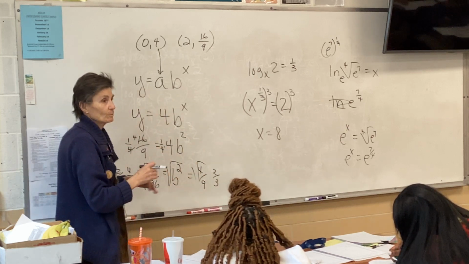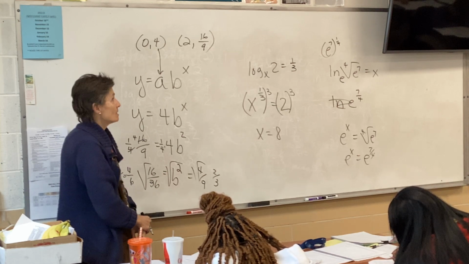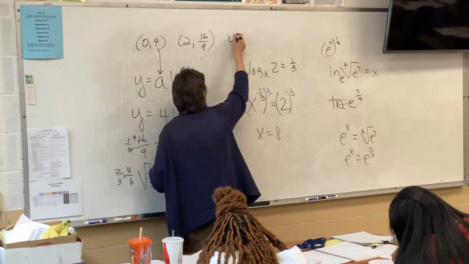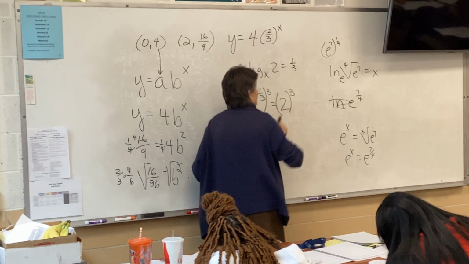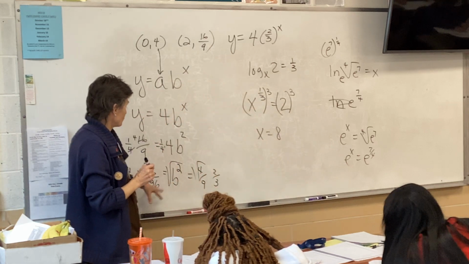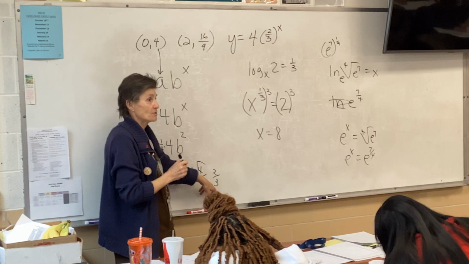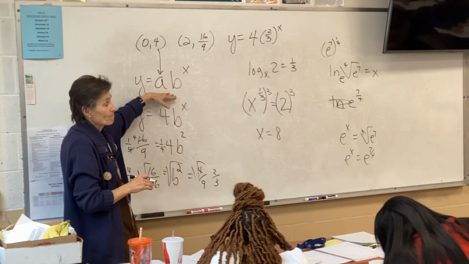It doesn't matter which way you do it, but b is 2/3. So then the answer to the question is y equals 4 times 2/3 to the x. Don't get so excited after doing all this stuff that you say 2/3 is the answer. It's not. The answer is the equation.